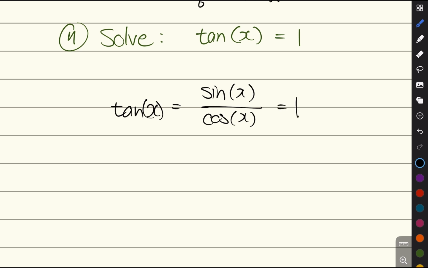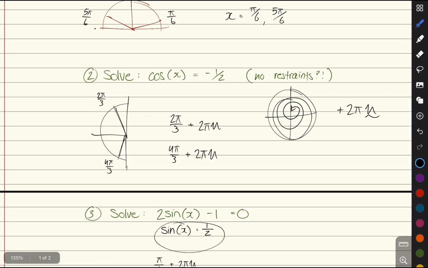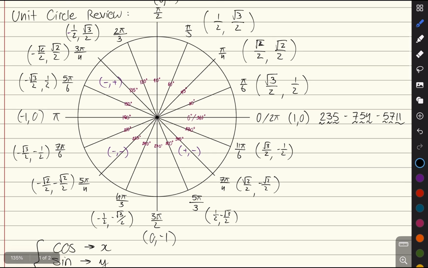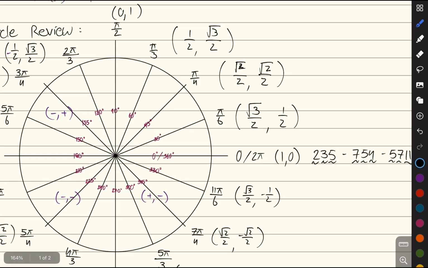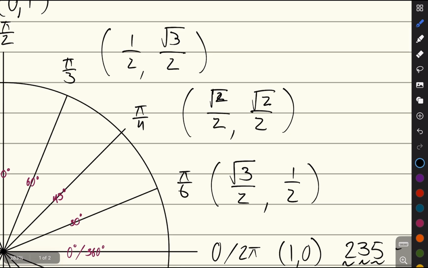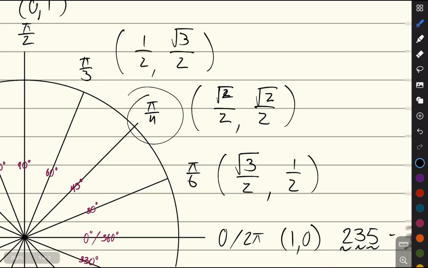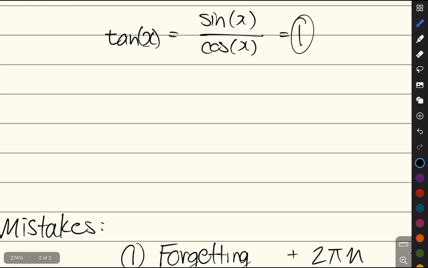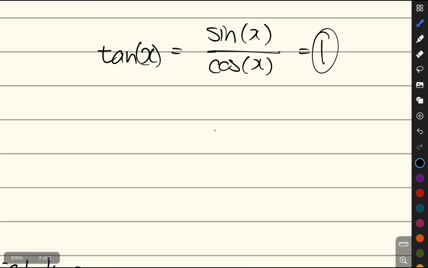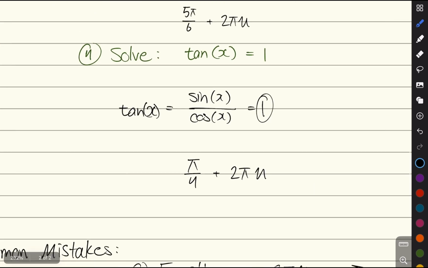And we get 1 when the value of sine and cosine are equal to each other. And if we look at the unit circle, the only place where sine and cosine are equal to each other is at pi over 4. So the answer to this problem would be pi over 4 plus 2 pi n, as we're not given any restrictions again.